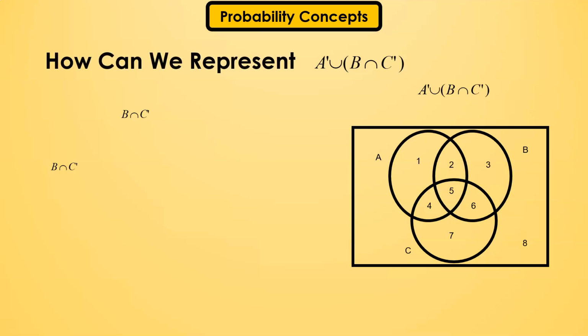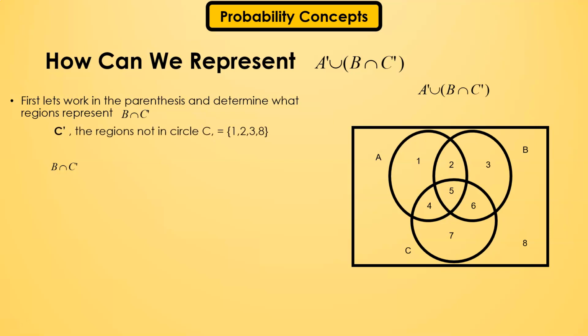Again, same process as before, slightly more difficult because we need to work out what represents B intersection not C. So not C, the complement of C, we know is 1, 2, 3, and 8.